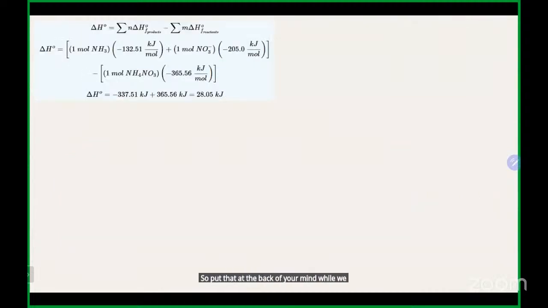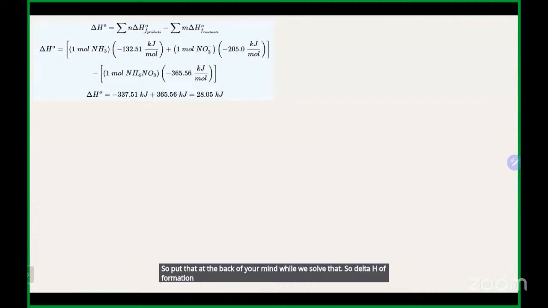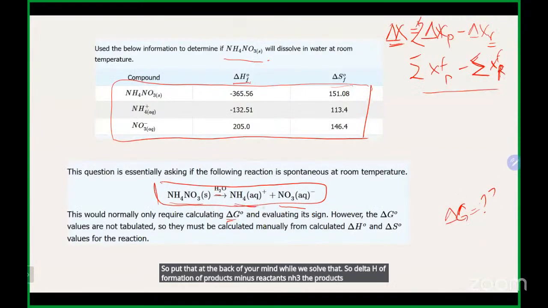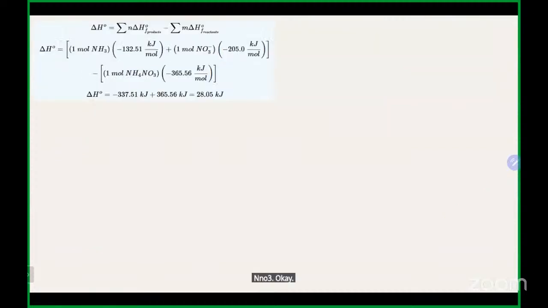So delta H of formation of products minus reactants: the product is NH4 plus and NO3 minus, and this is our reactant and this is our product, 1 mole NH4 plus.